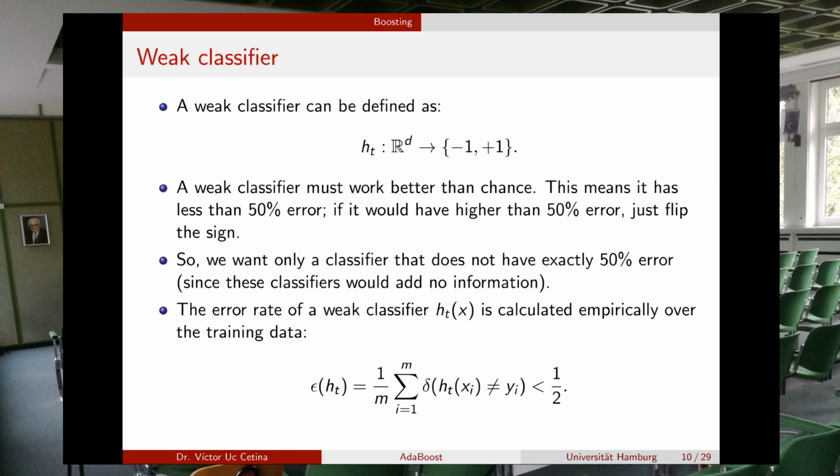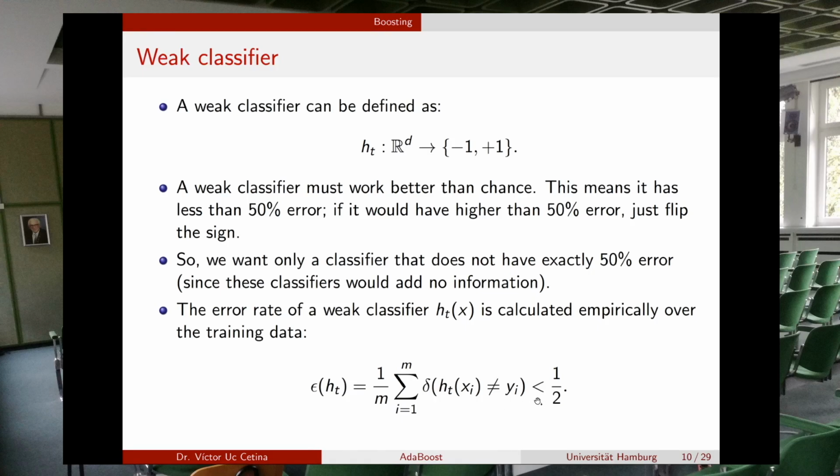Okay, so suppose that you have 1000 examples, m equals 1000, and 500 are misclassified by this h_t. Then this sum will be 500, because you have practically counted how many were misclassified, and this 500 will be divided by 1000. So in the end you will have an error of 0.5.